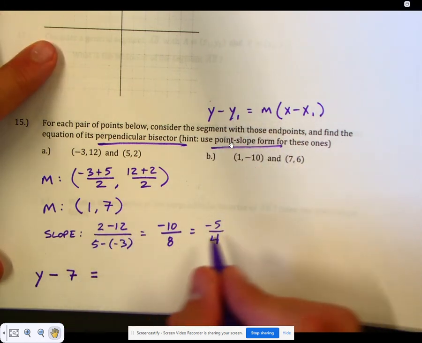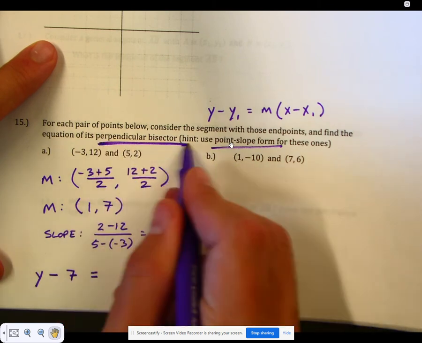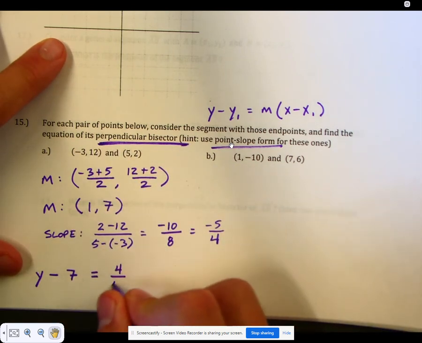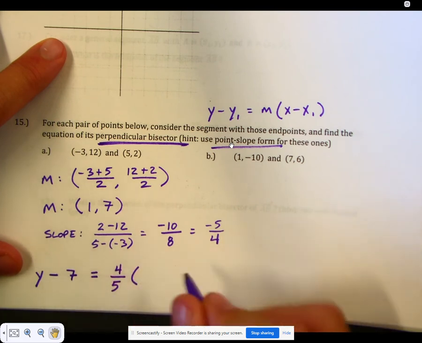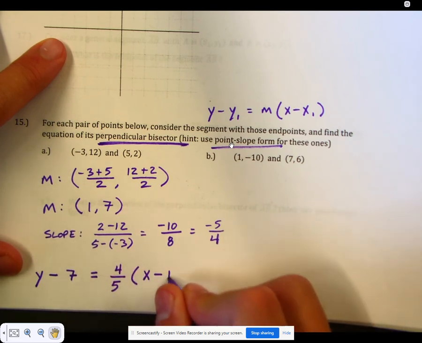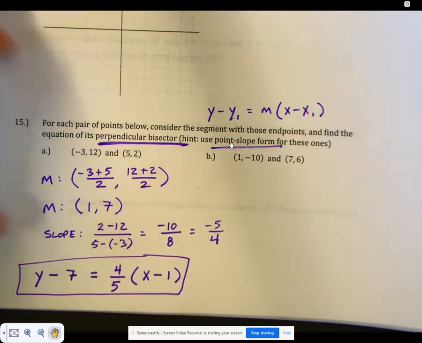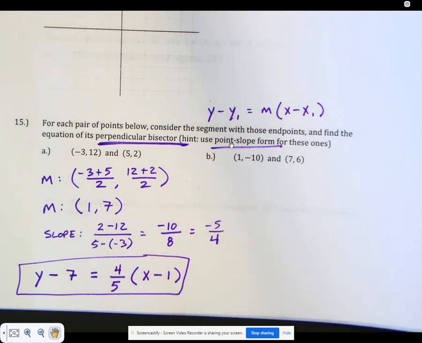And then equals, again, I'm looking for the perpendicular bisector, so I'm using the opposite reciprocal slope, positive 4/5, and then x minus 1. So there we go. That's my equation. Okay, so that's a bit of a doozy.